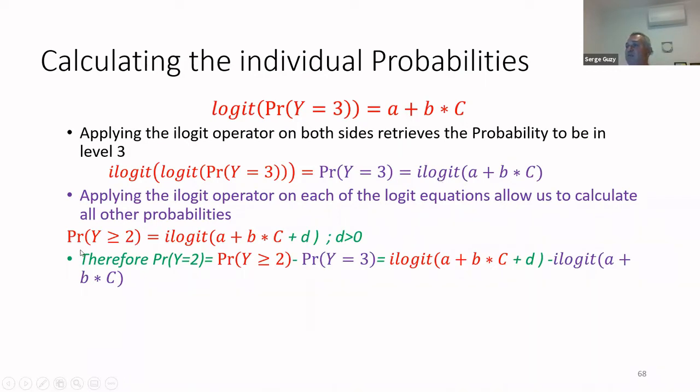Now, the probability to get level 2 or 3 is equal to ilogit(A + B * C + D). But that's the probability to get level 2 or 3.